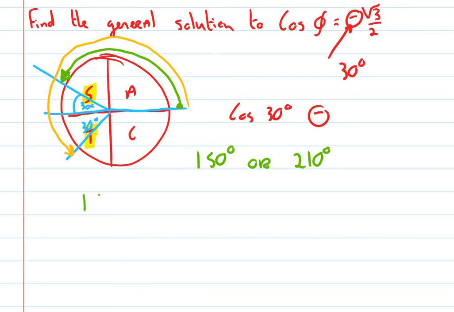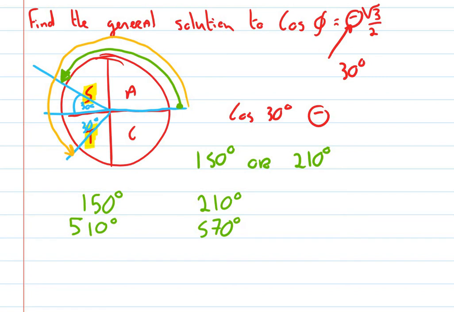Okay. So we have 150 and we have 210. There's the first answer. Then we'll add on 360. So 150 degrees plus 360 is 510 degrees, plus 360 is 570 degrees.